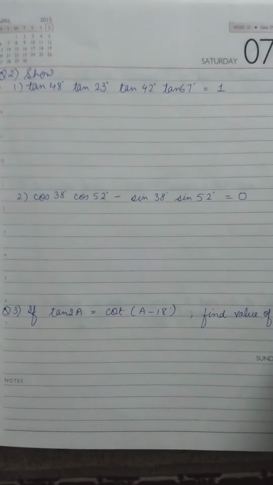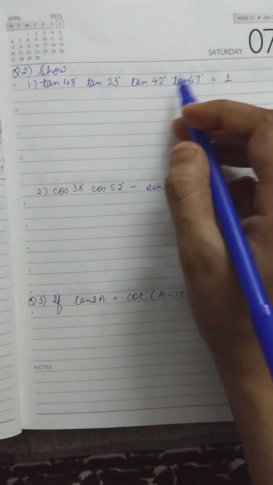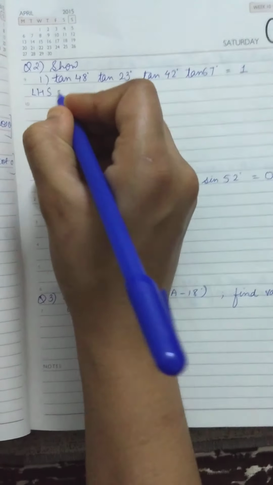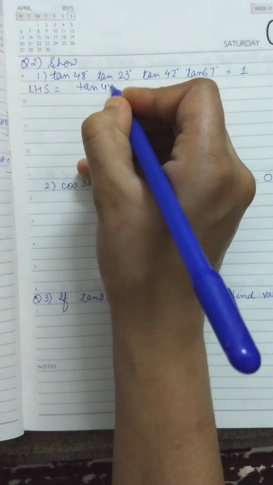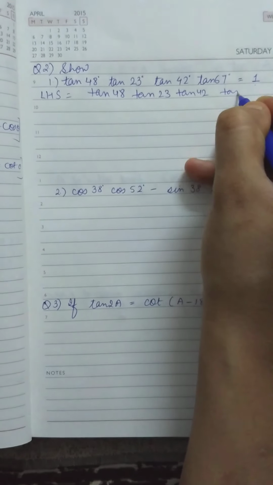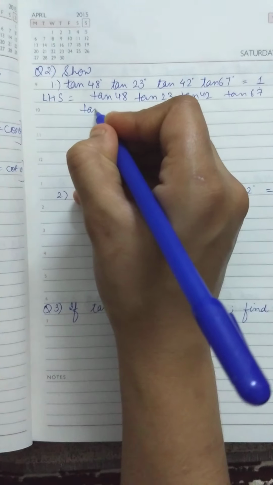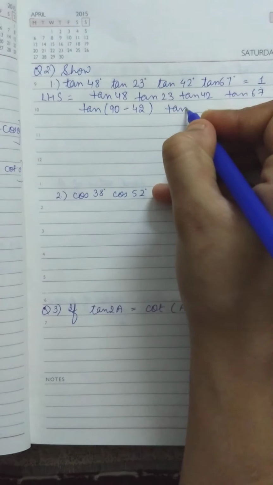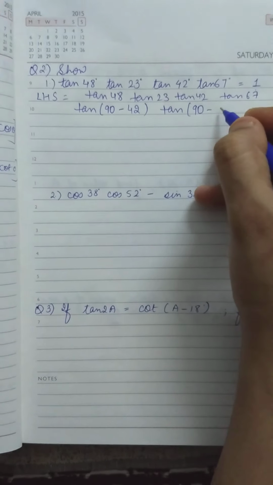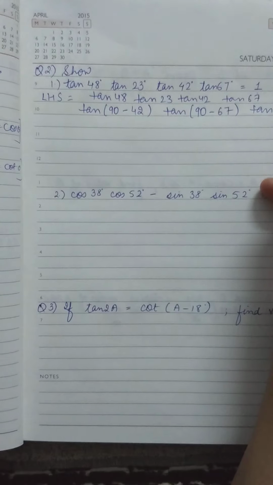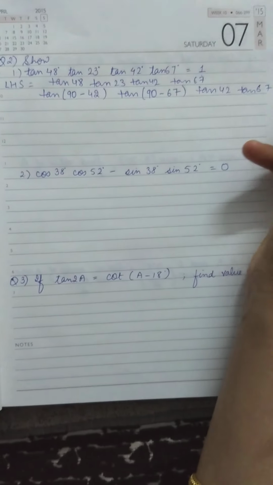Second question. We have to show the product of these values is 1. Now I will solve the LHS part. Tan 48, tan 23, tan 42 and tan 67. Tan 48 can be written as tan 90 minus 42 and tan 23 can be written as tan 90 minus 67. I'll leave these two, tan 42 and tan 67.